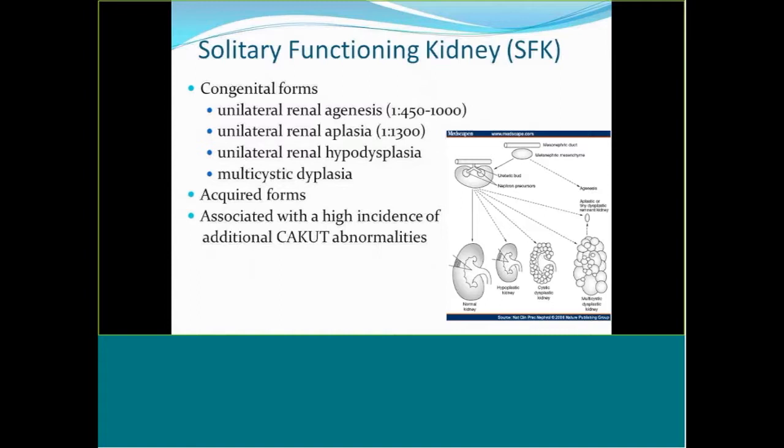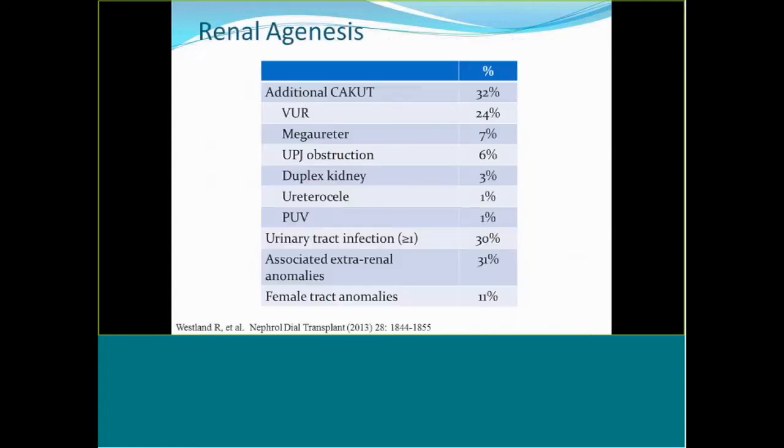The other piece that's important with these solitary kidneys is that if you do develop an abnormal kidney on one side, very often there are abnormalities in the other kidney as well. So just because one is abnormal and the other one may look okay, you still need to check to verify that that other kidney is normal.